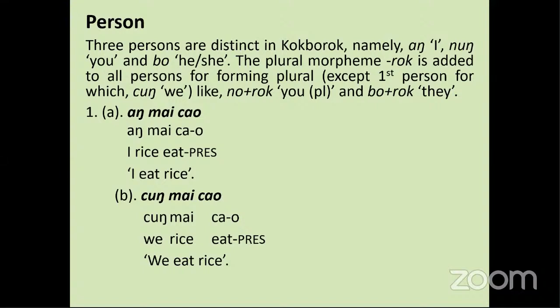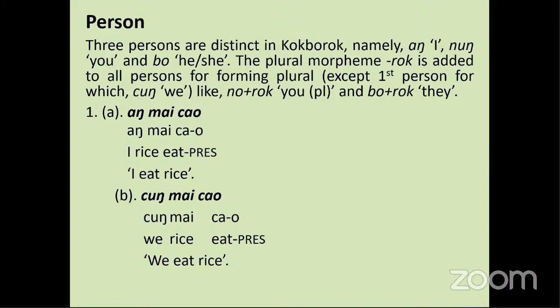Then chung mai chow, we eat rice. Here, chung is a lexical item which is used without any morpheme when we form the plural. So for the first person, it doesn't take the morpheme rok. It has a lexical item like chung.